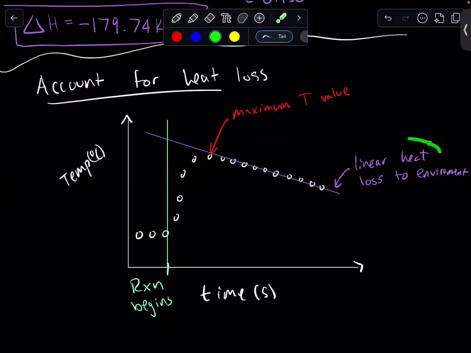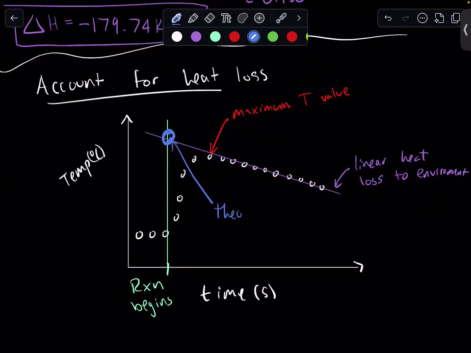So the reason we need to find this linear heat loss is because if our reaction was instantaneous, meaning it all reacted at once, it wouldn't make this curve. It would shoot straight up. So the key point in this graph is a point that's not even marked, and it's this one right here.